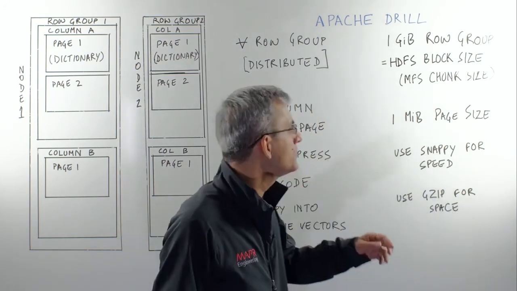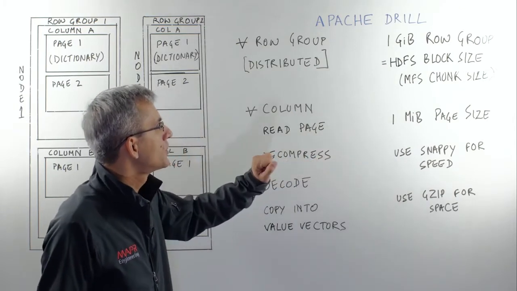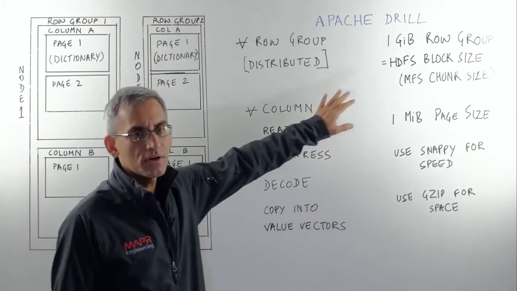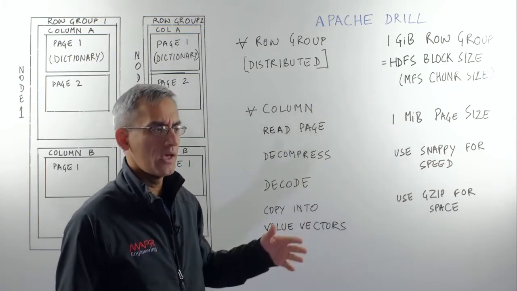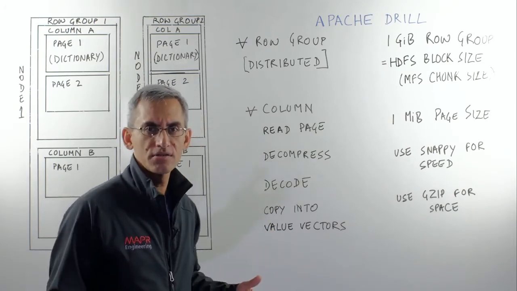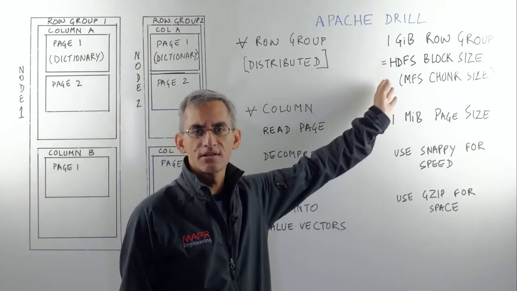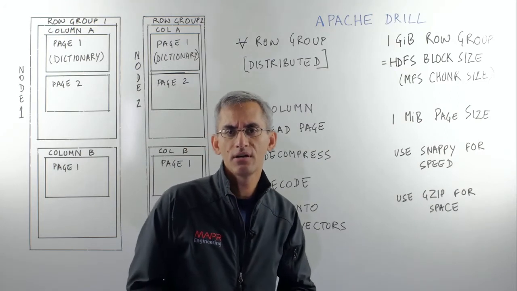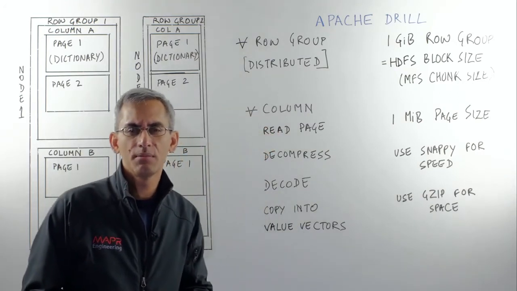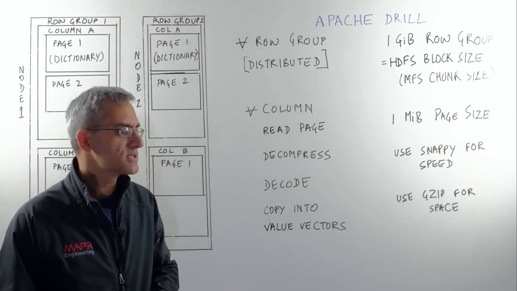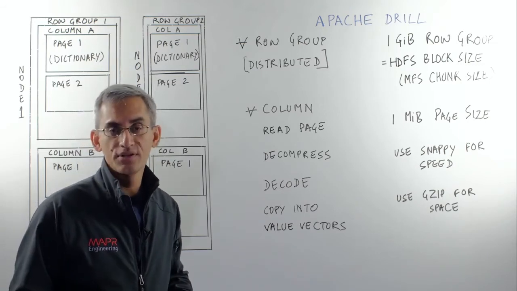One thing you do here is make sure of the size of a row group, and we like to make row groups large. We prefer as large as a gigabyte. The default in Apache Drill is about half a gig, 512 megabytes. But a gigabyte is a very good size.